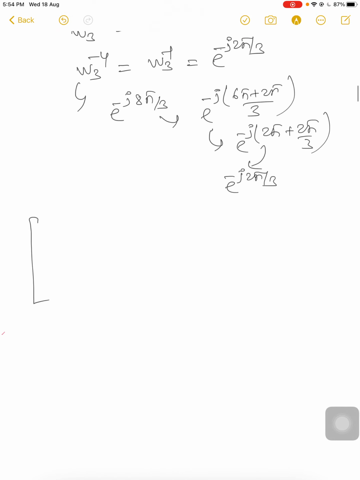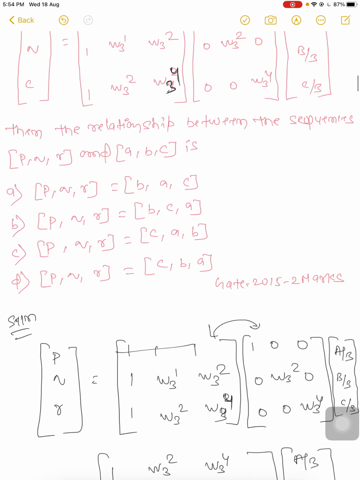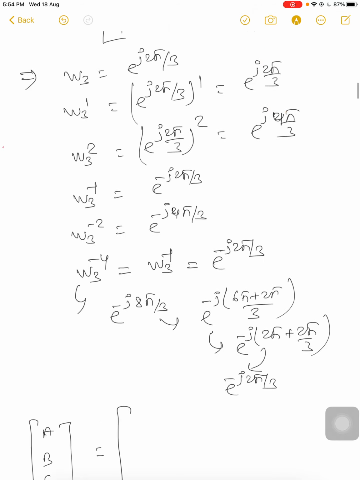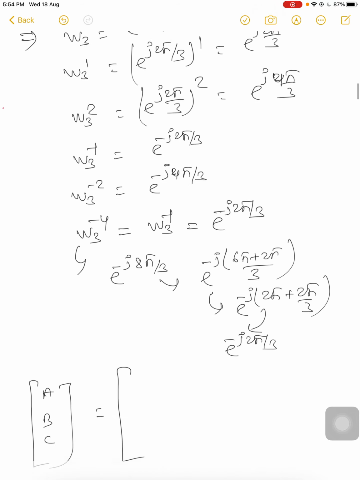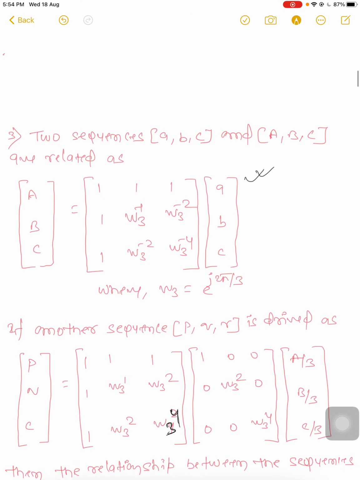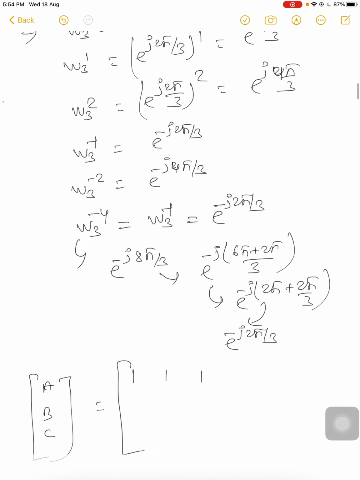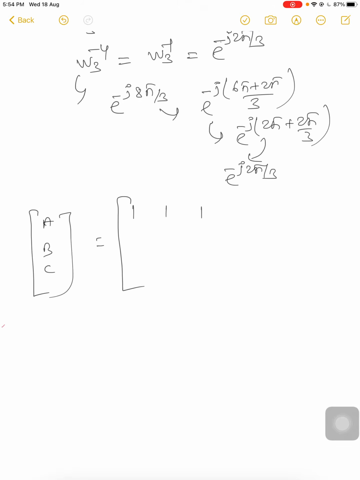Capital ABC is equal to nothing but the matrix: 1, 1, 1 in the first row, then 1, w3 minus 1, w3 minus 2, then 1, w3 minus 2, w3 minus 4, multiplied by A, B, C.